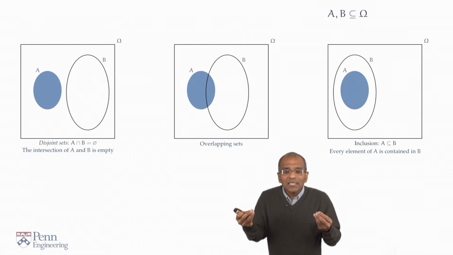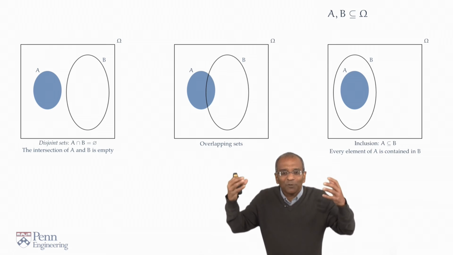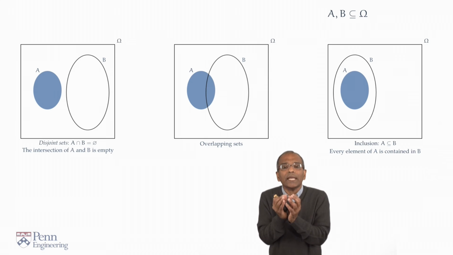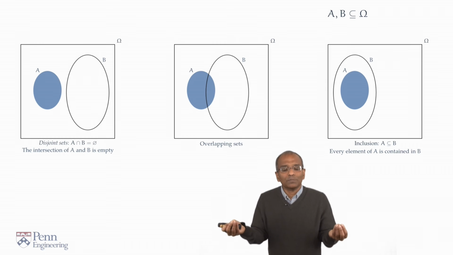Each of them has elements, little omega, which the other does not have. And again, this is visually clear in this kind of setting, even though I have not specified for you what the sets are. But they also contain some elements from the original universal set, which are common to both.